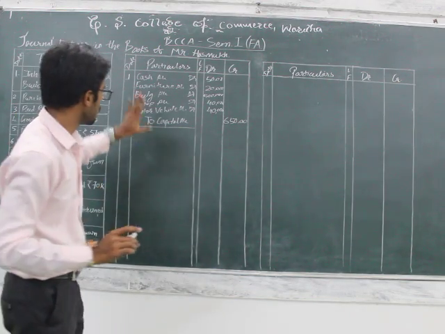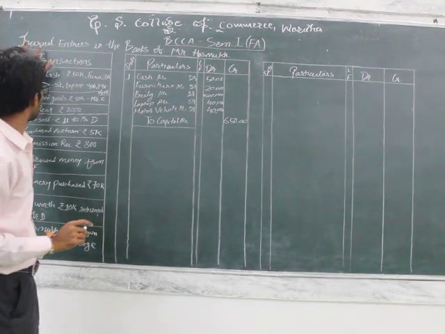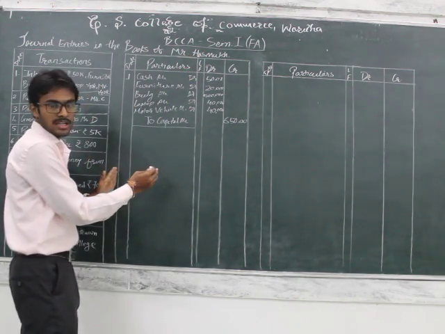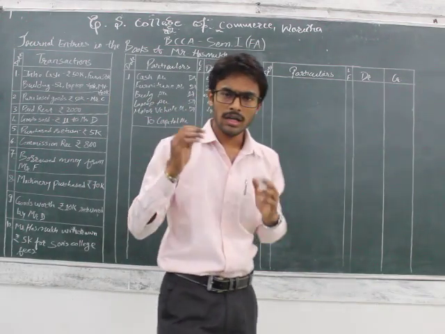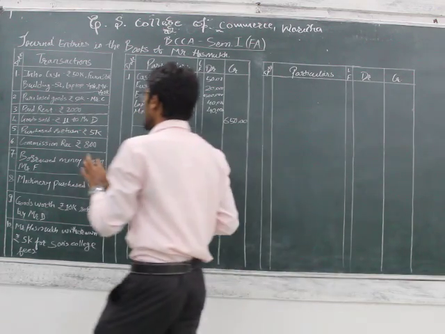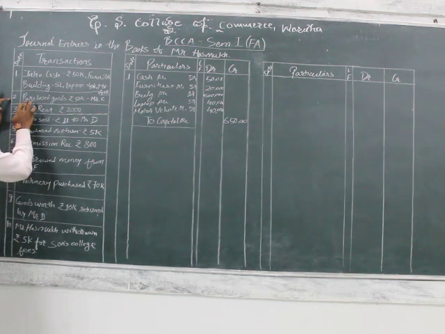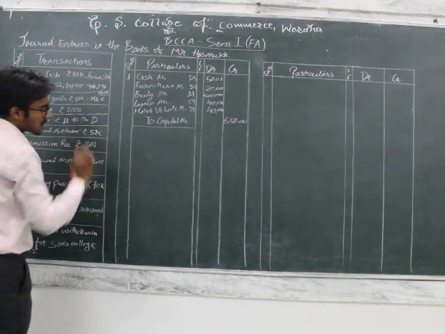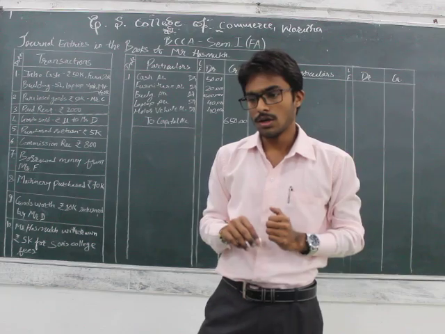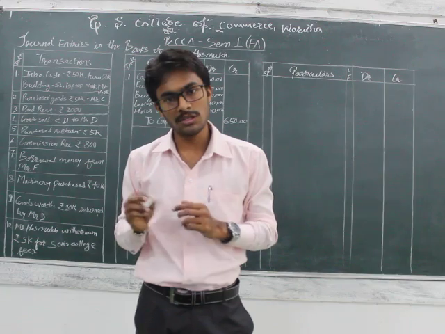You have to make entries in this format only. You have to write the heading like general entries in the books of Mr. Hasmukh, and the headings for these columns. Okay, now we will focus on the second entry, which is purchased goods worth rupees 50,000 from Mr. C. So we have purchased goods from Mr. C. Purchase is an expense, so that will be debited.